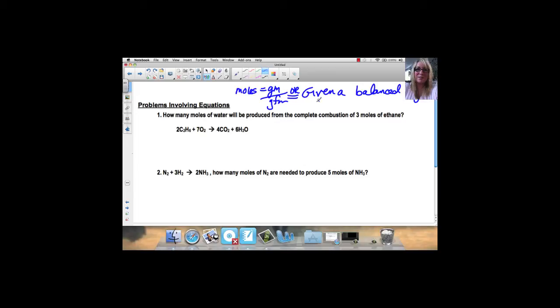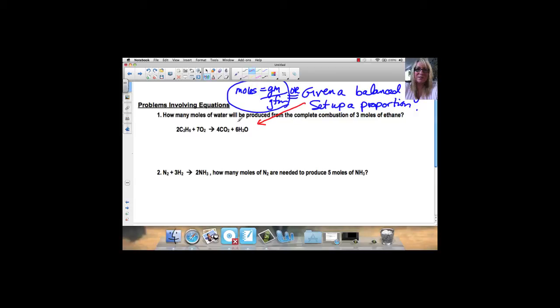So then what you need to do is set up a proportion. So basically what I'm telling you is if you have a problem that asks for moles and you don't have a balanced equation, you're going to use this right here, or dimensional analysis. If you're asked to find moles and you're given a balanced equation, then you're going to, like you are here, set up a proportion.